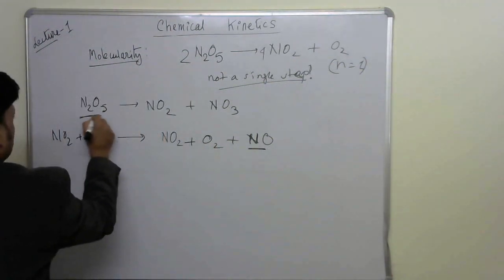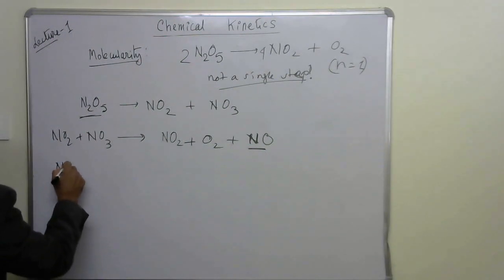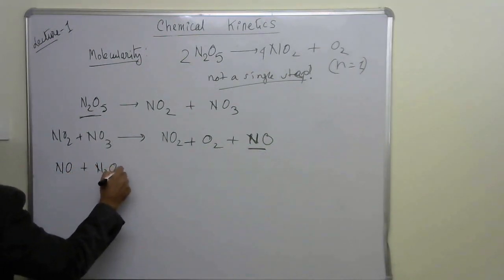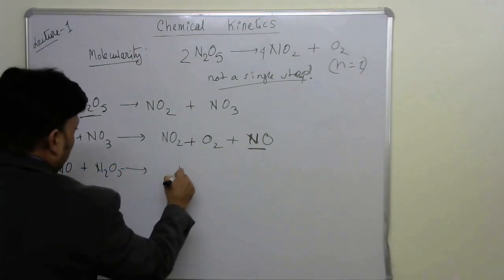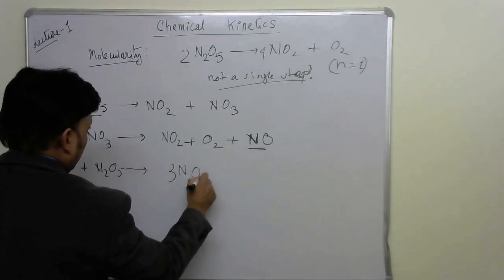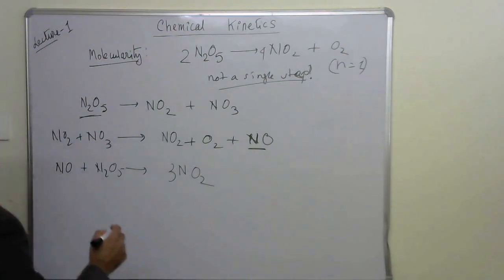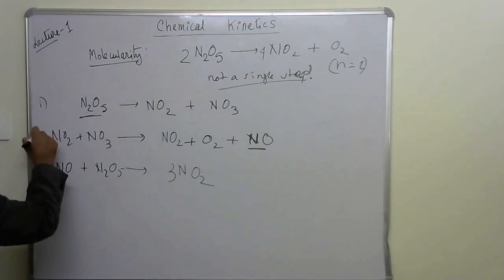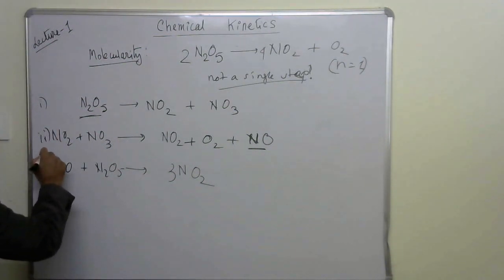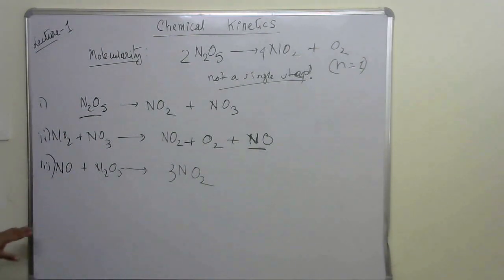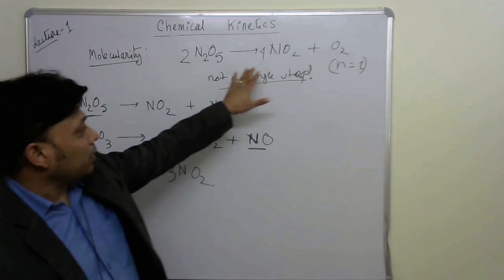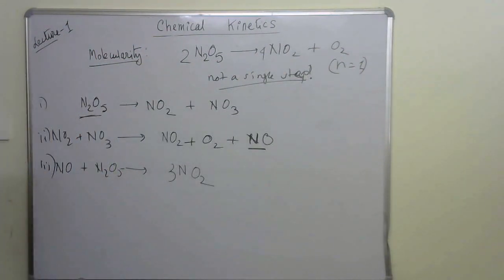This NO and this N2O5 further react to give you 3NO2. If you add up these individual steps, step 1, step 2 and step 3, you will end up with this particular stoichiometry.